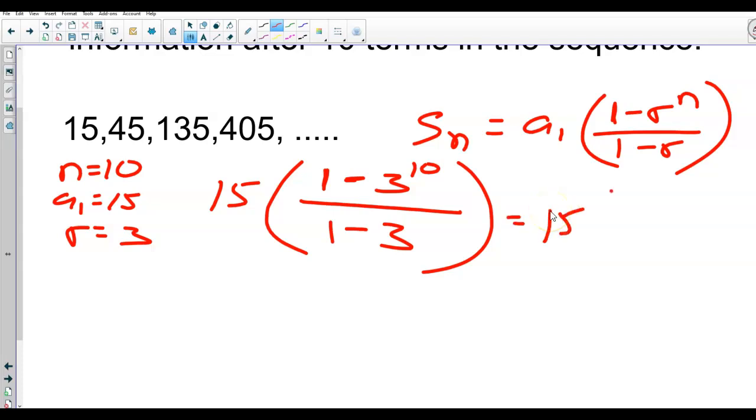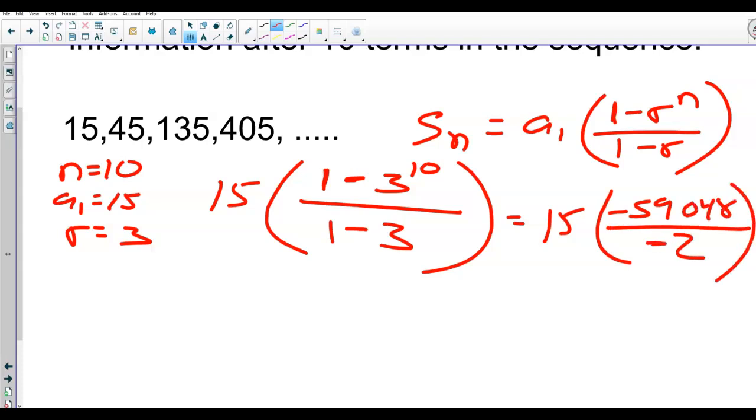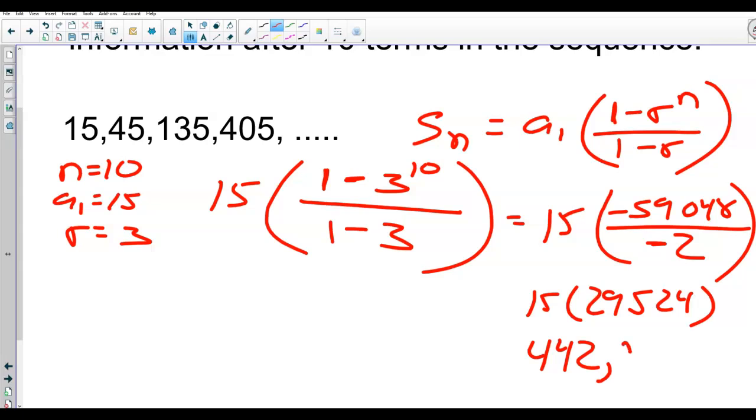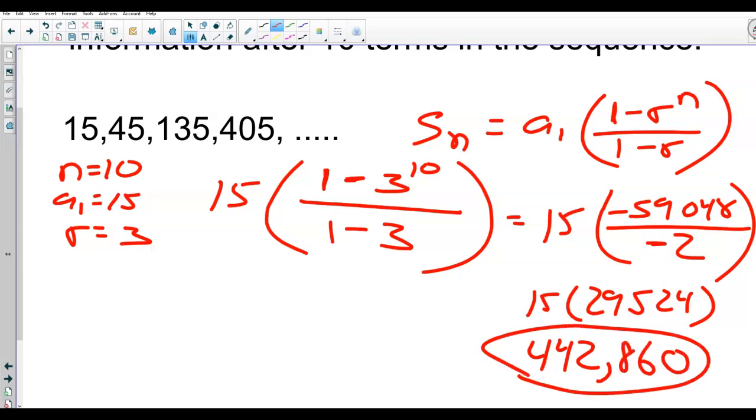So my numerator here is going to be negative 59,048. My denominator is going to be a negative 2. So when I divide by negative 2, it's 15 times 29,524. You multiply that by 15, my sum is going to be 442,860. And that's our answer.